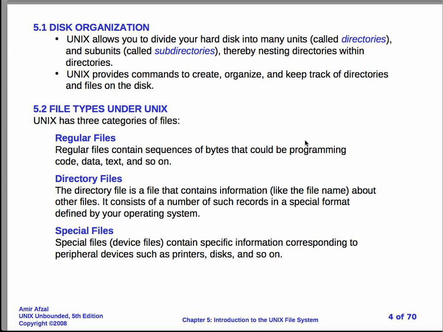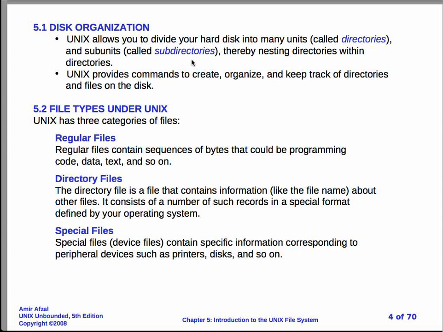So why do we even have a file system? Well, you have a hard drive typically, or you can use the file system for other things too. But you need a way to organize all your data, and that's really why we have a file system, where you have directories in which you have subdirectories and files. Unix allows you to divide your hard disk into many units called directories and subunits called subdirectories. What are subdirectories?